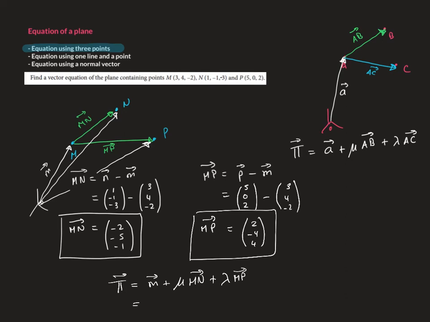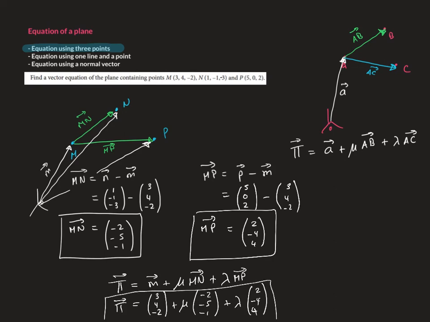So the equation of my plane is vector M, 3, 4, minus 2, plus mu times vector MN, minus 2, minus 3, minus 1, plus lambda times 2, minus 4, 4. So this is the vector equation of the plane that contains the points M, N, and P.